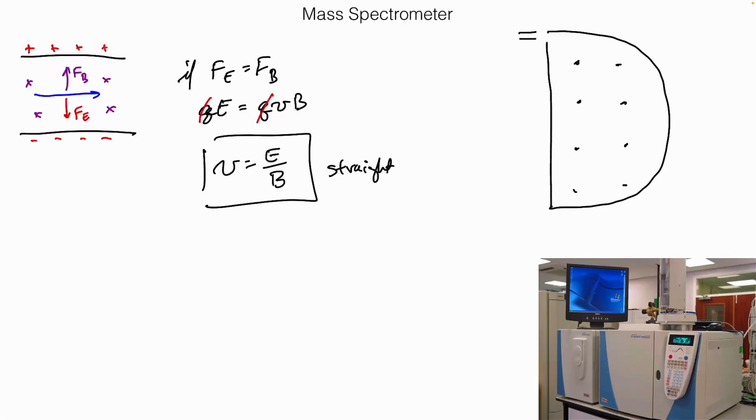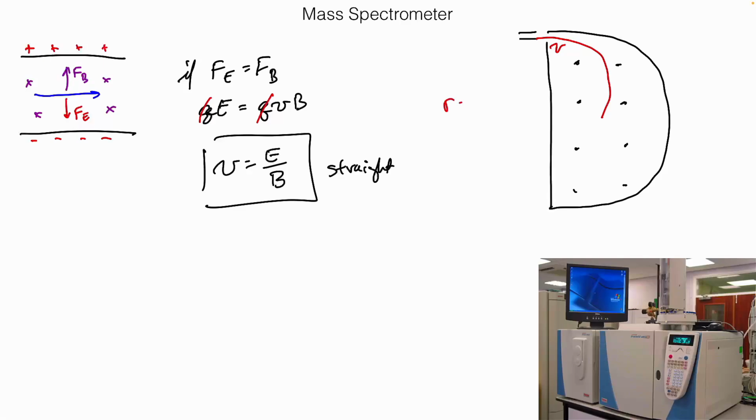It selects the one velocity that lets them come through in a straight line, which is advantageous because now we know exactly how fast these little chunks of white powder are going. They're not chunks, they're atoms. Okay? And those get injected into the measurement area. So now we know the speed that these things are going.